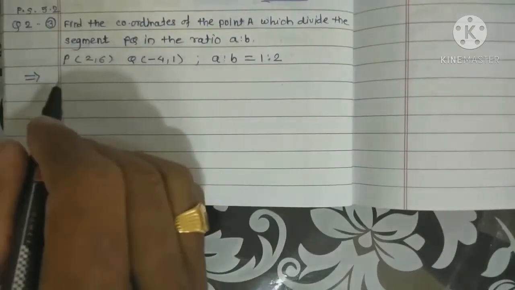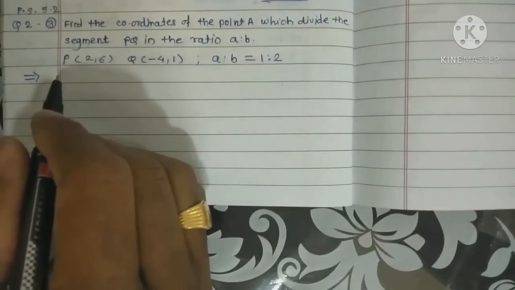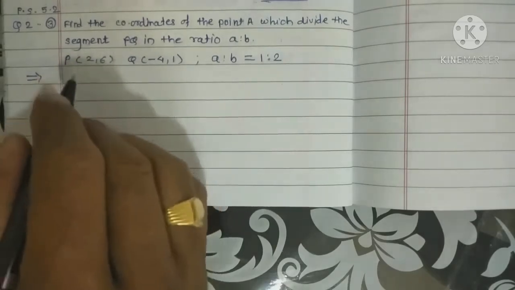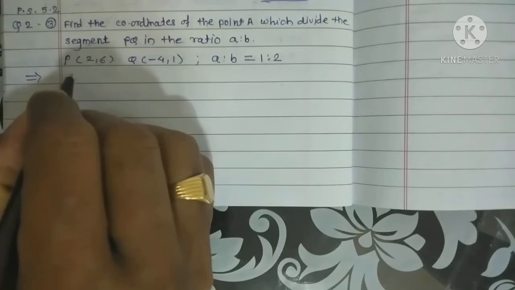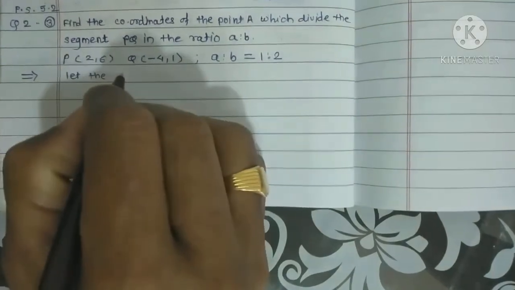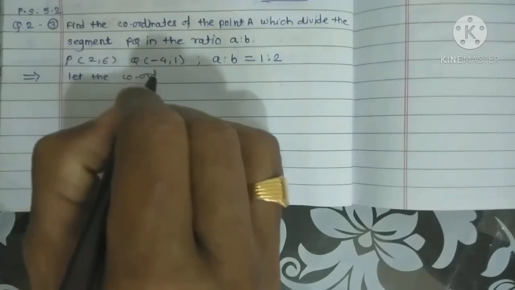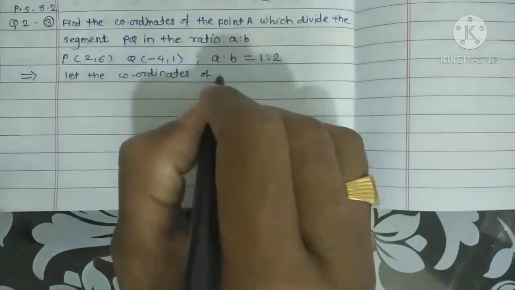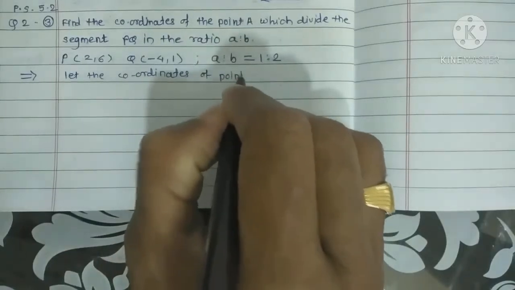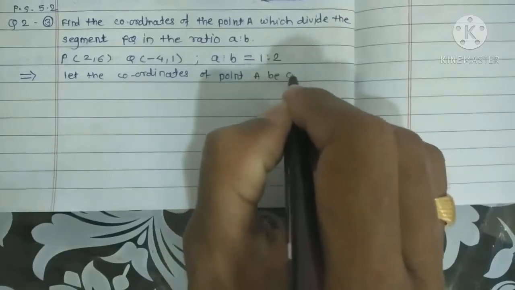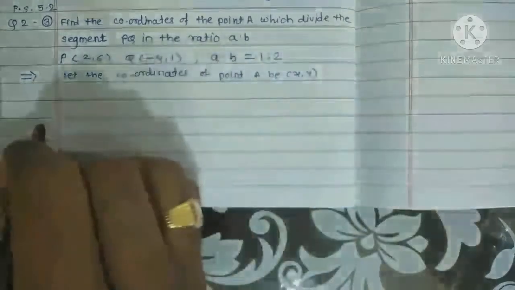So student, listen here. First we should write: let the coordinates of the point A be x and y.